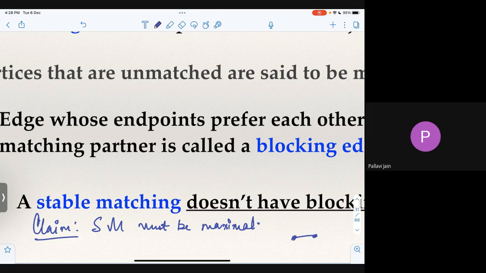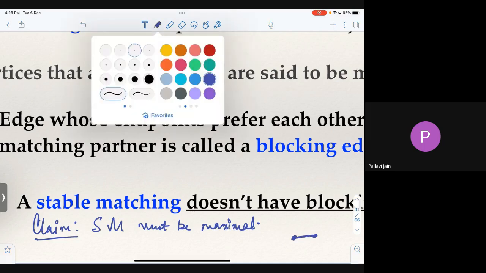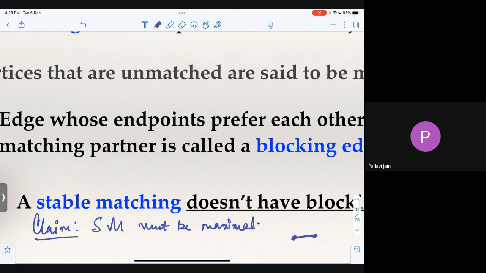What you're thinking and what you're saying are materially different. It's important. Matched, the property of matching, is an edge property. Just because this edge is not part of the matching doesn't mean that the two endpoints are not part of the matching. Okay, please understand that.